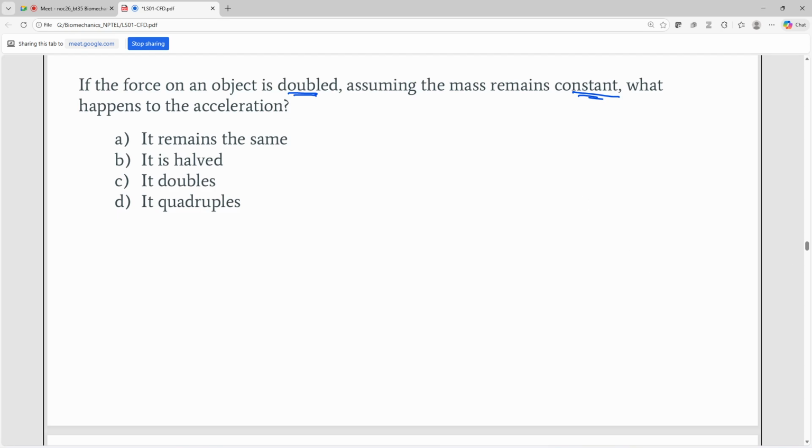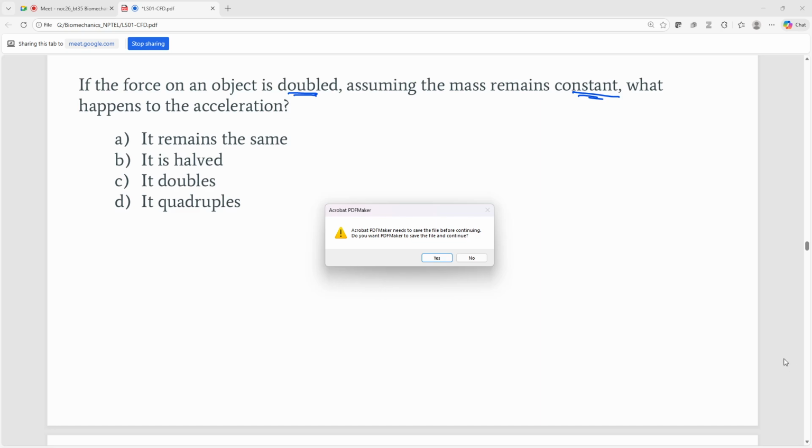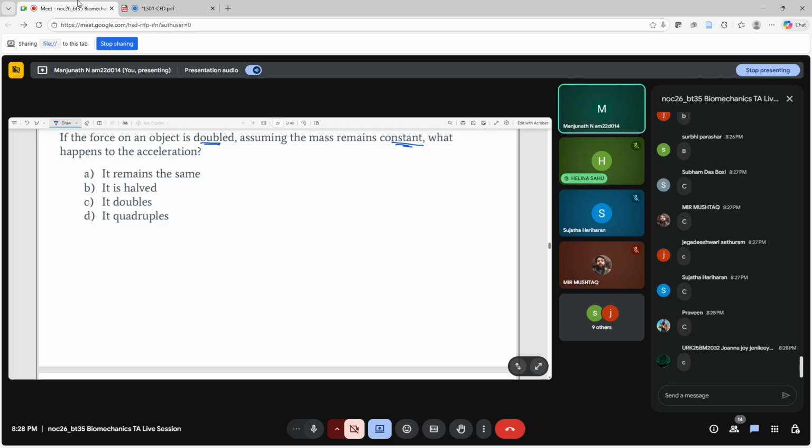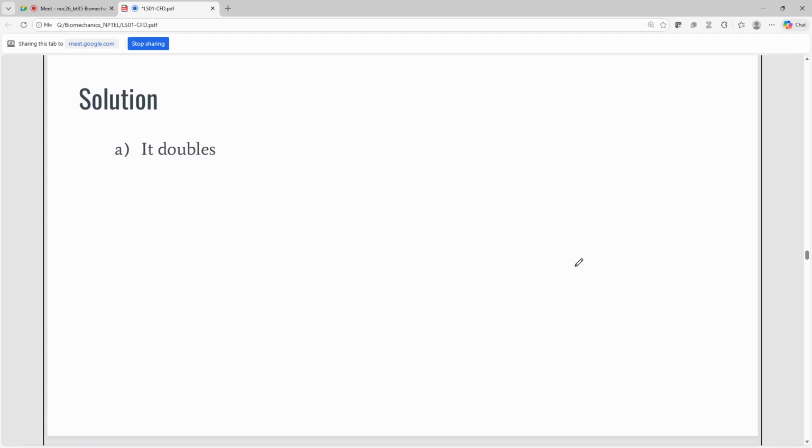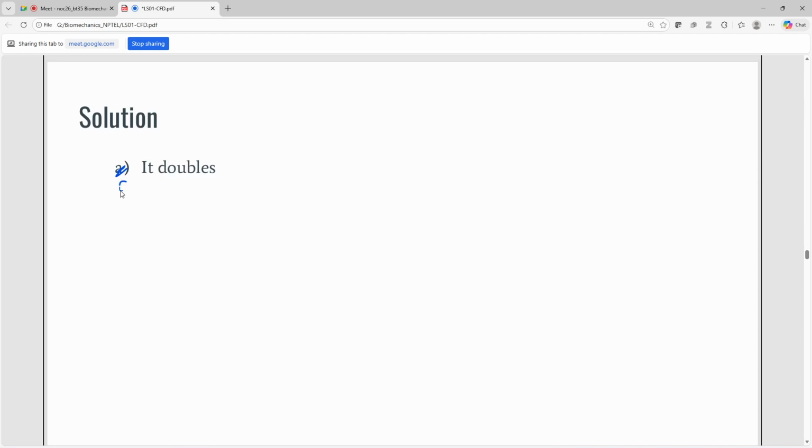Try to answer the question. Yes, option C, it doubles.